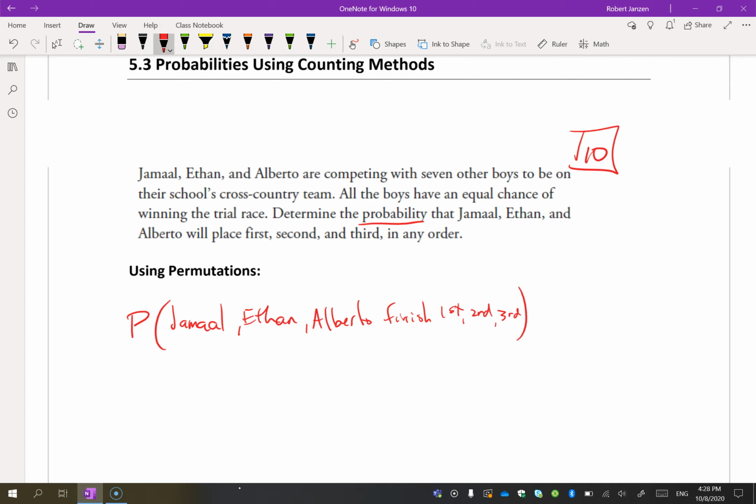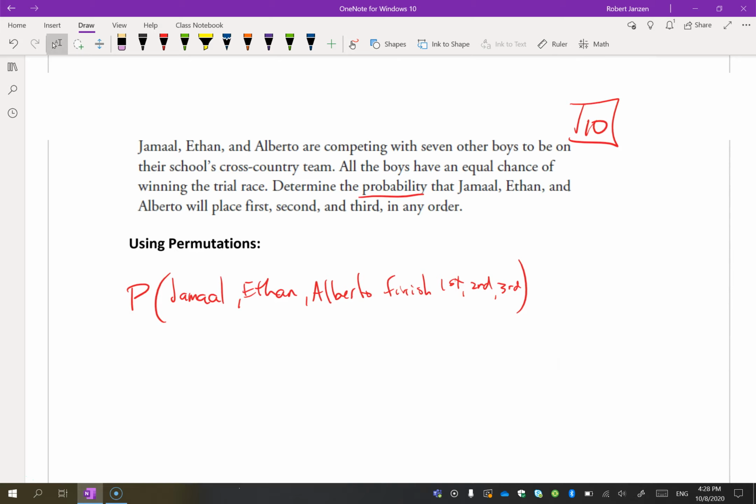So that's what we're trying to figure out, the probability. Well, first of all, you have to figure out the number of possible outcomes.